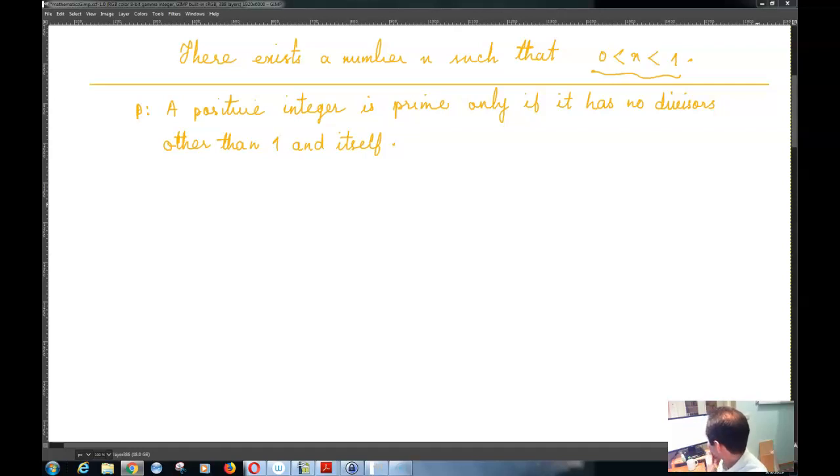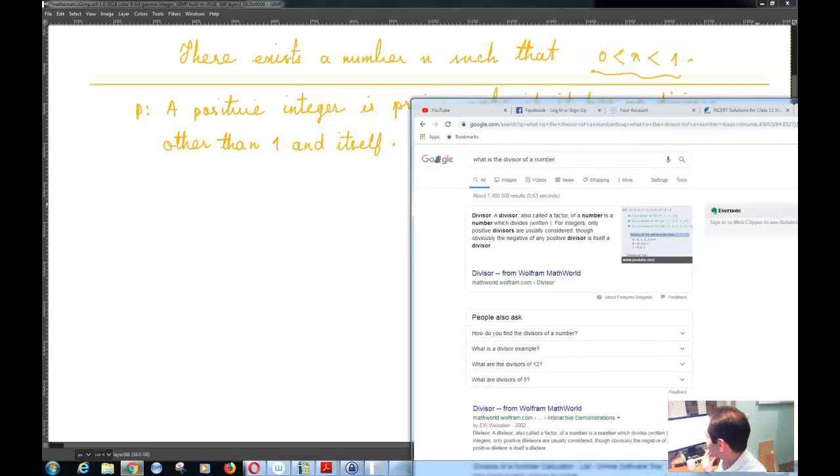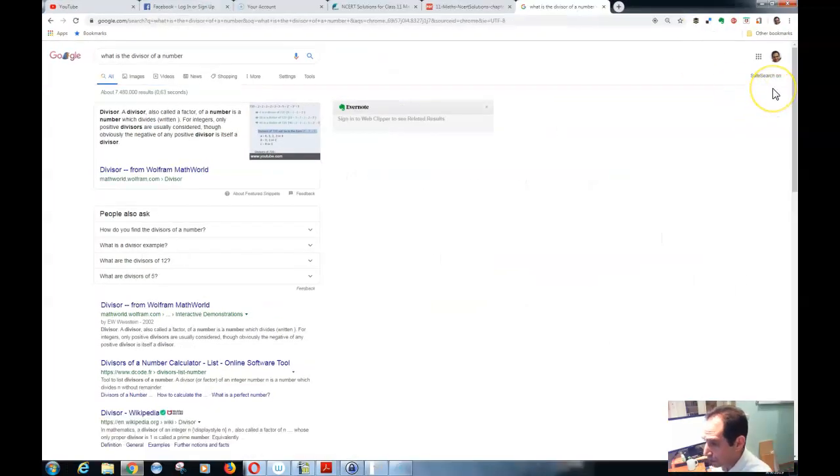I see, a divisor is basically the factor of a number. So here it says that the divisor, also called the factor of a number, is the number which divides, okay, for integers only, positive divisors are usually considered, though obviously the negative of any positive divisor is itself a divisor.